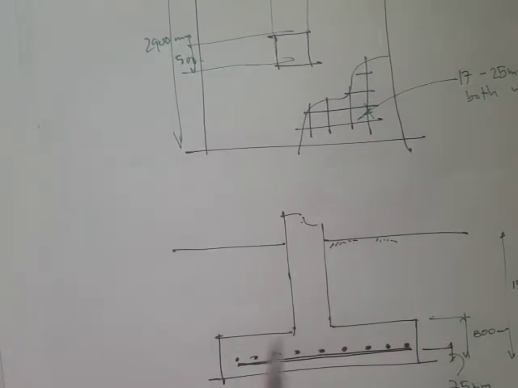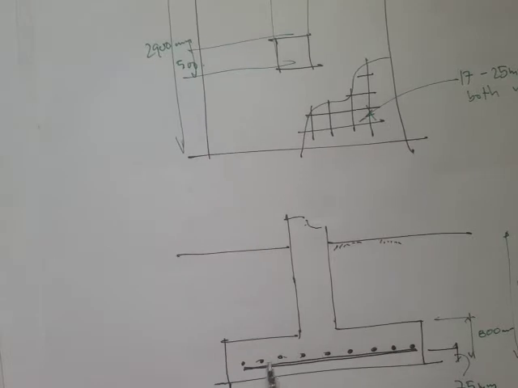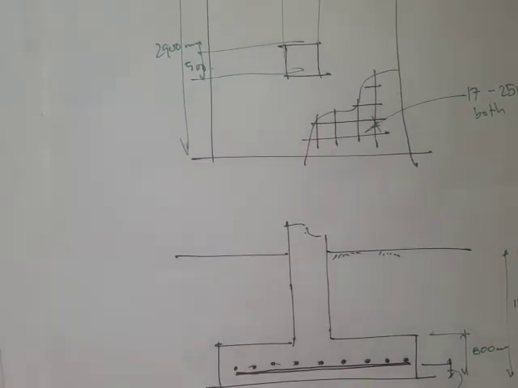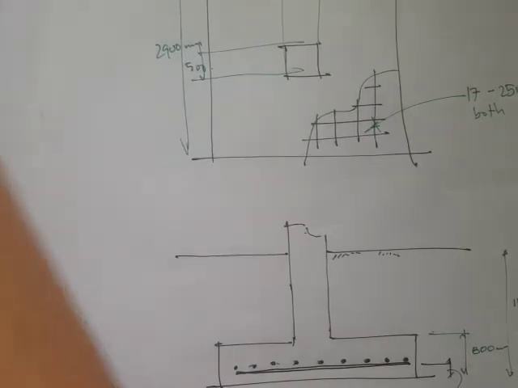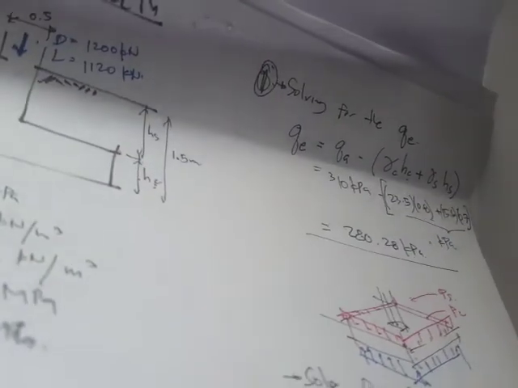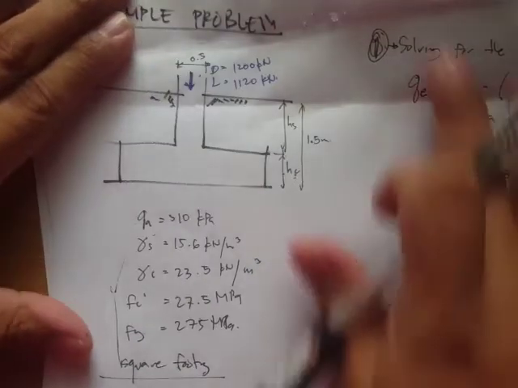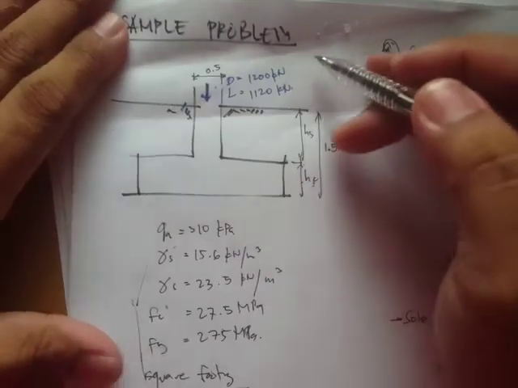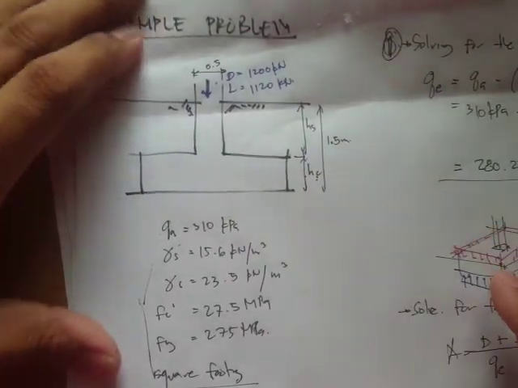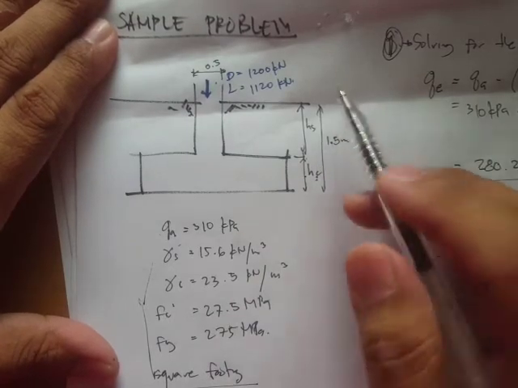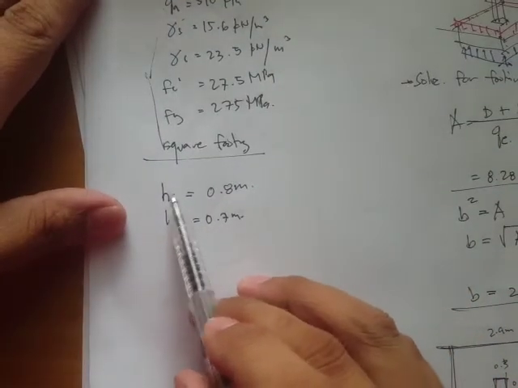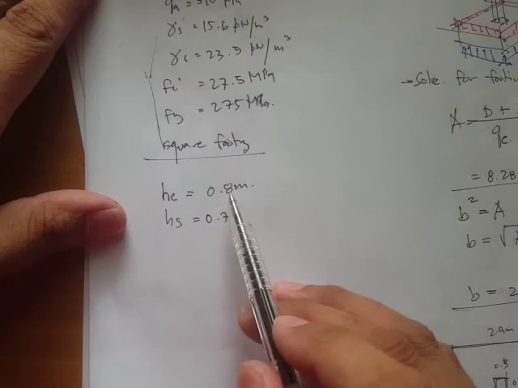Okay, so if we review what we did, this is our problem, and we're given some details, and we assume a footing thickness of 0.8 meters.